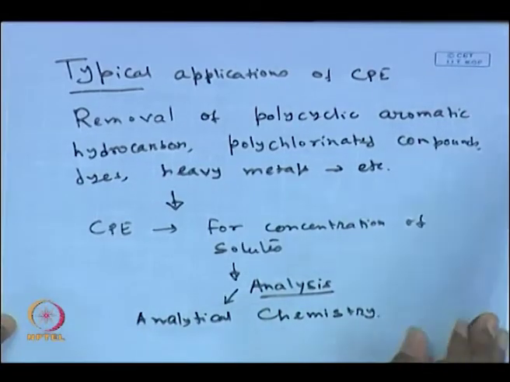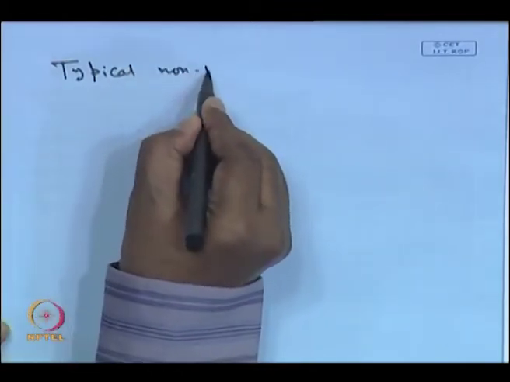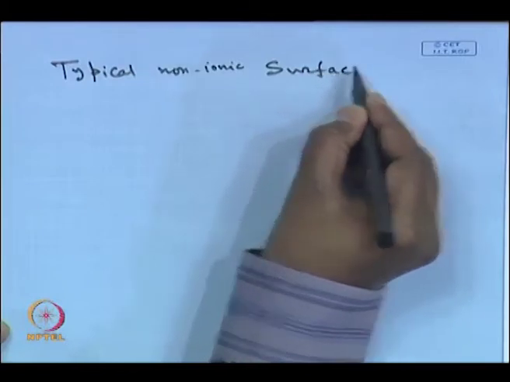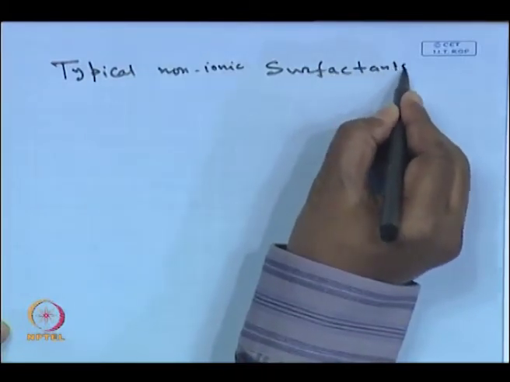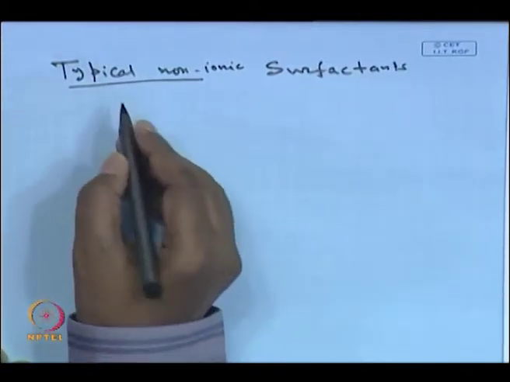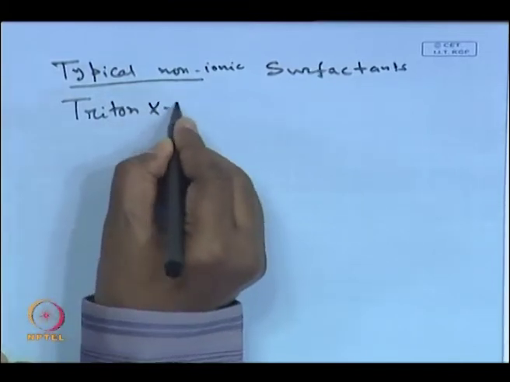Now, let us look into some of the typical non-ionic surfactants. The first and well studied non-ionic surfactant is known as Triton X100.